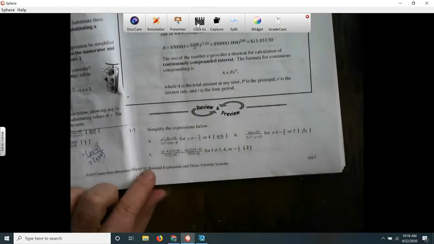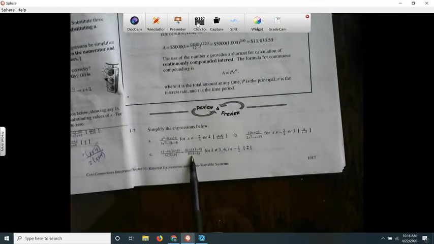And then on letter C, the original problem was a division problem, but when I wrote it onto my paper, I wrote the second fraction upside down because I know that when you divide, you multiply by the reciprocal. So I wrote the reciprocal down.